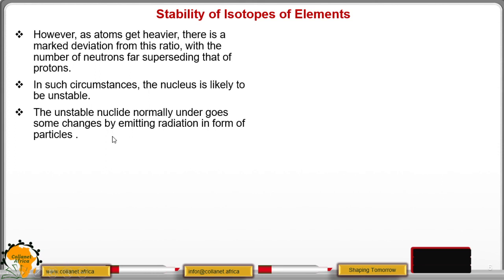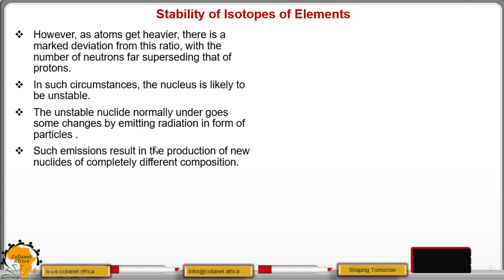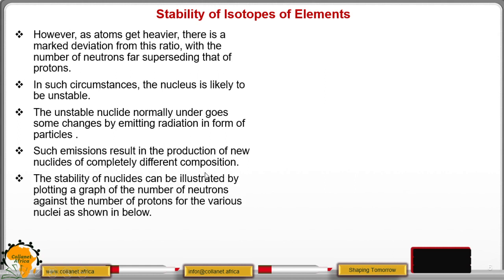It has to split. It has to disintegrate. And when it disintegrates, it emits radiation. Those radiations are in form of particles. And when it emits those radiations, a new product or a new nuclide is formed. And this new nuclide has a completely different composition.